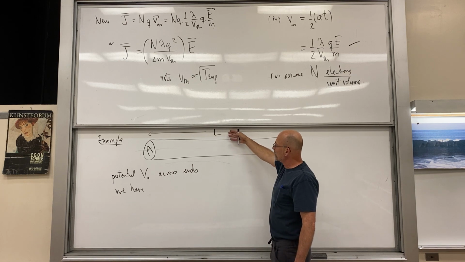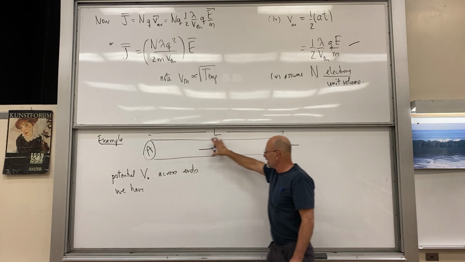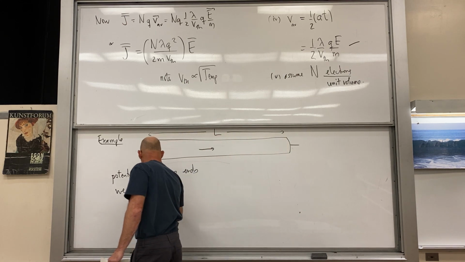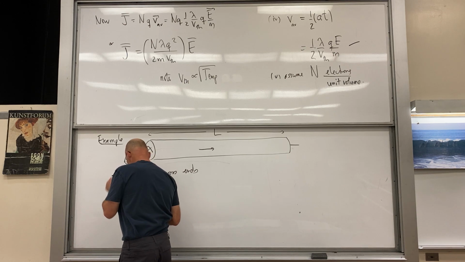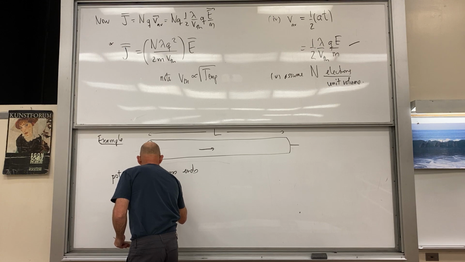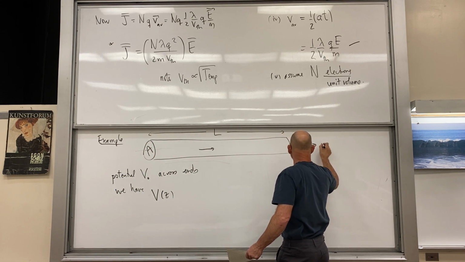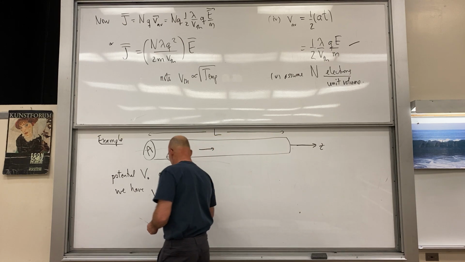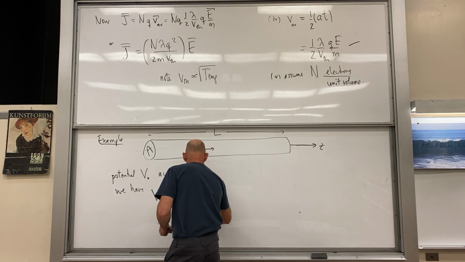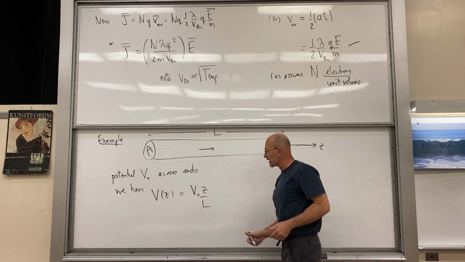The typical symmetry argument is going to tell us that we just have a current along that direction, and we're going to have a uniform current. I'm calling this the Z direction. V of Z is just going to be V0 Z over L, so that across the entire length we have that V0 right there.